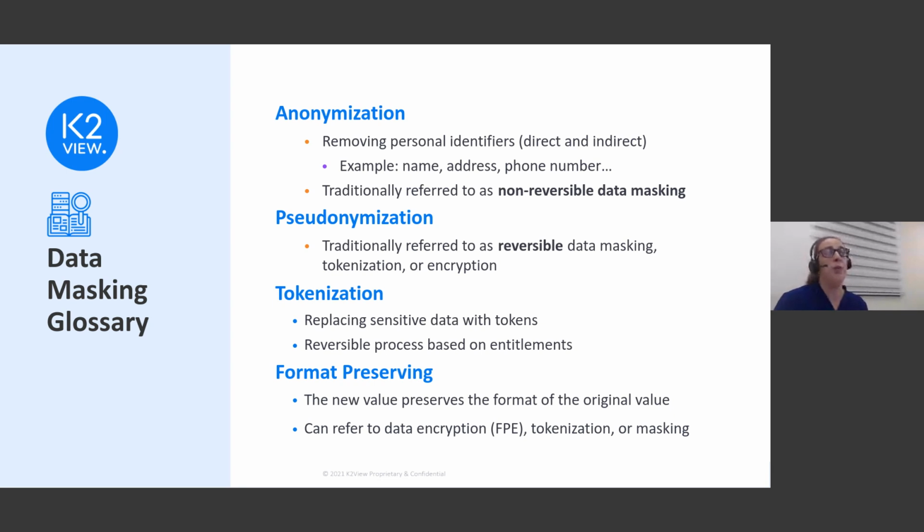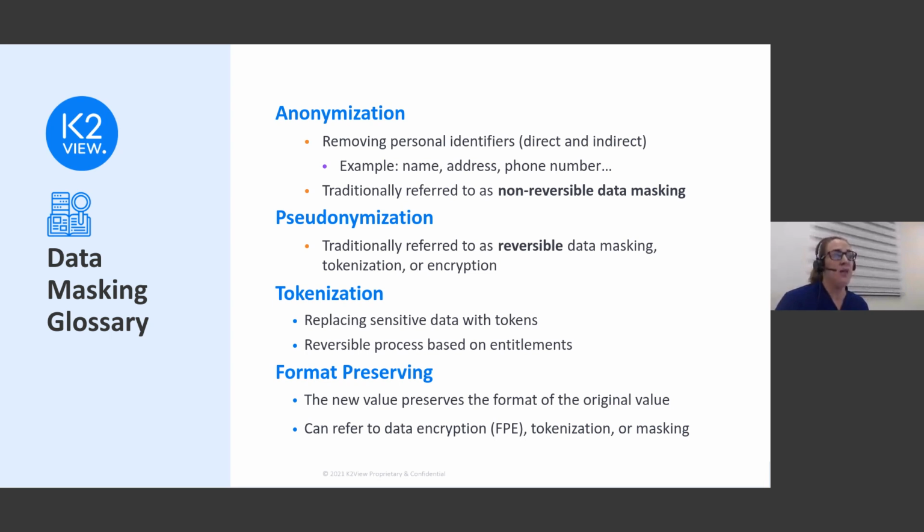Anonymization is when we remove some personal identifiers, direct or indirect, that can identify a person, an individual, like name, address, phone number, etc. And traditionally, this is referred to as non-reversible data masking. This is a non-reversible process.